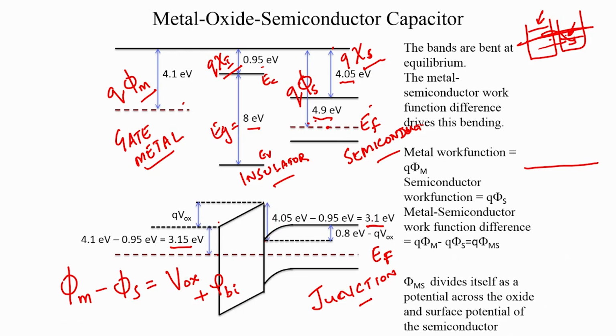And this work function difference, if you think of it in voltages. So, we have removed the Q here. We are looking at the voltages now. This work function difference, which is say 4.9 minus 4.1. In this case the work function of the semiconductor is larger, so let us just take the modulus of all this.